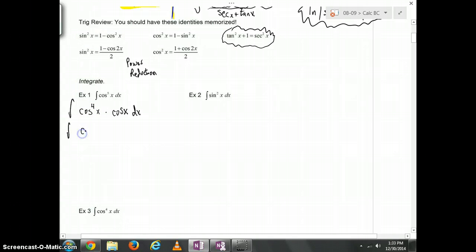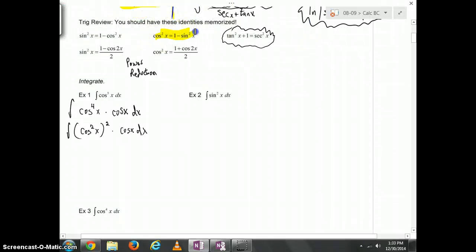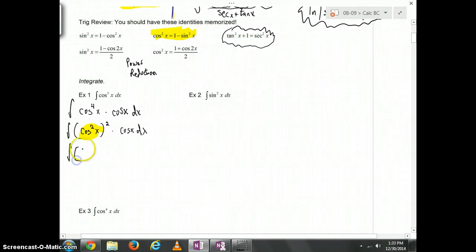Cosine to the fourth of x is really cosine squared of x, whole thing squared. And then once you have this squared property, cosine squared of x, come right back up here to our Pythagorean identity, and we can see very quickly, well, my goodness, right now we can look at that as 1 minus sine squared of x, whole thing squared here, times the cosine of x, dx.